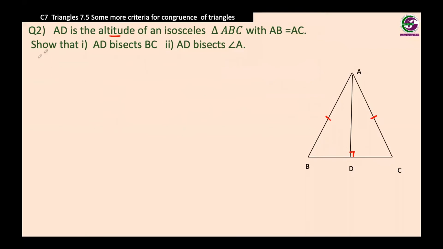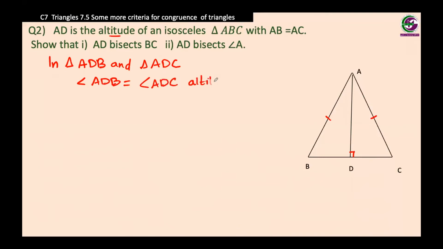So we have RHS. So we will see in triangle ADB and triangle ADC, angle ADB is equal to angle ADC because they are altitudes, or they are 90 degree. So we have right angle.